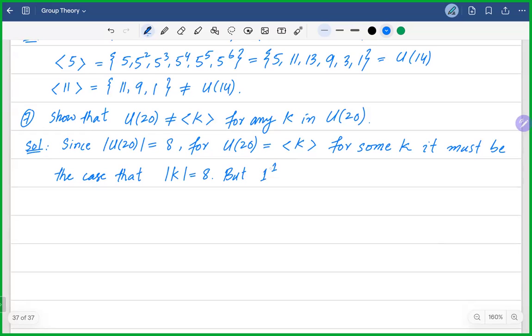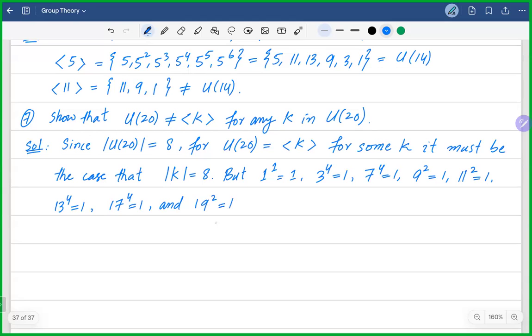Let 1 have order 1, 3 have order 4, 7 have order 4, 9 have order 2, 11 have order 2, 13 have order 4, 17 have order 4, and 19 have order 2. So the maximum order of any element is 4.